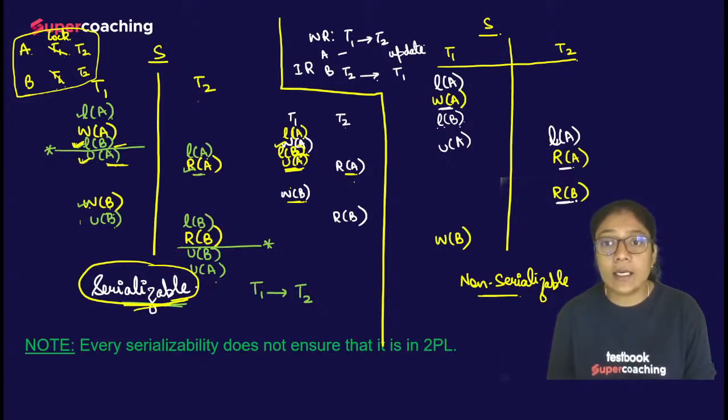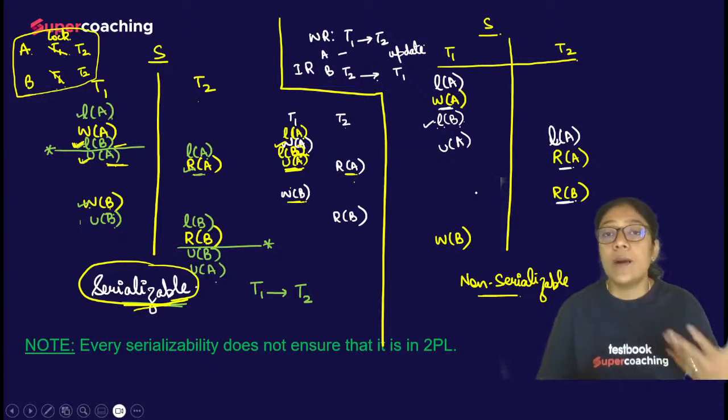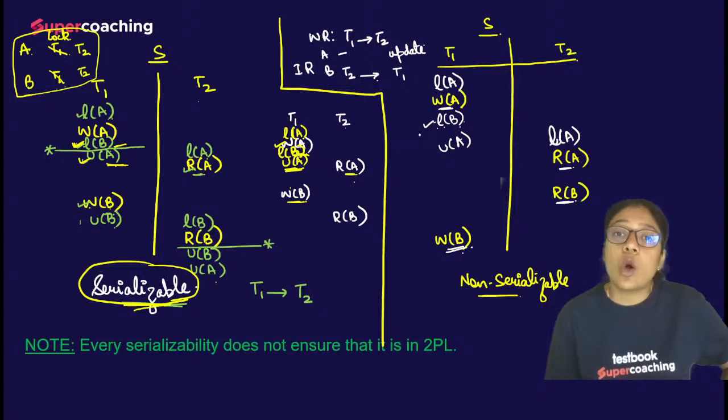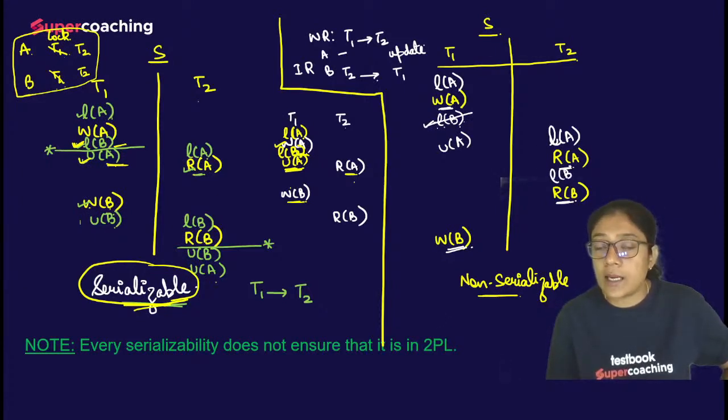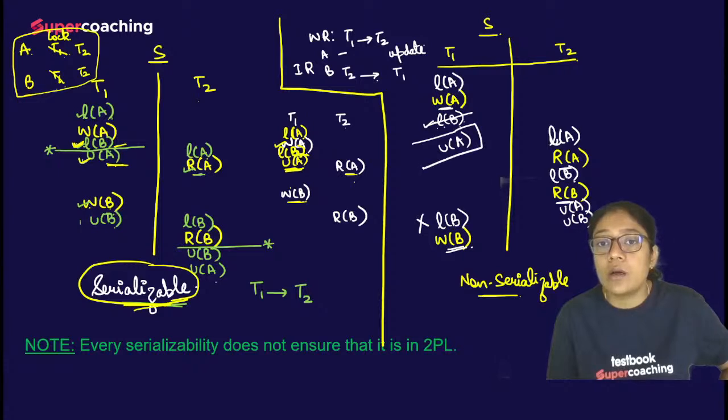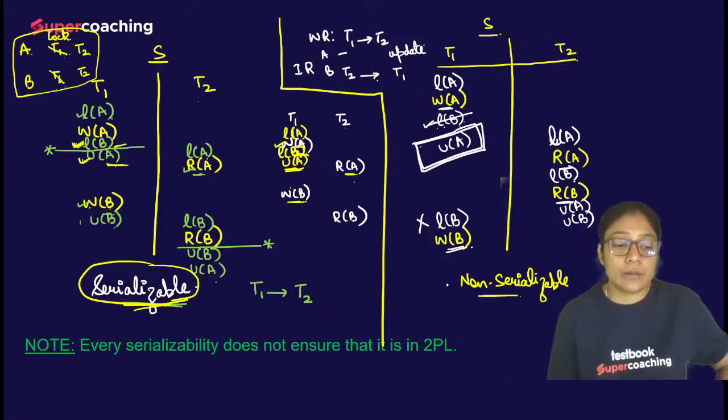But now it won't get the lock on data item B because it is already locked by T1, and T1 will not release the lock until it has performed the operation. T1's operation on data item B has to be performed later, while the lock was acquired earlier. If you unlock without granting, this will put a lock on data item B: unlock A, unlock B. Now it will get stuck here because it wants to get a lock on data item B. Now this lock cannot be obtained because it has already performed an unlock operation, right?